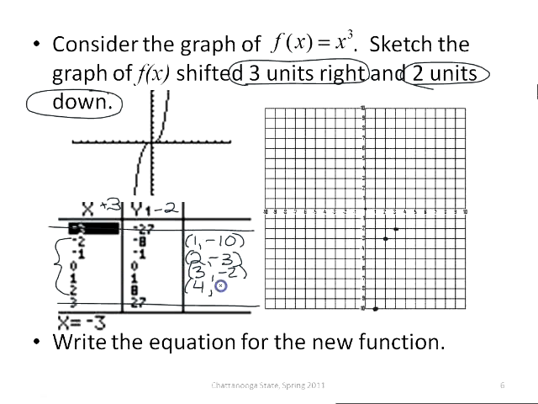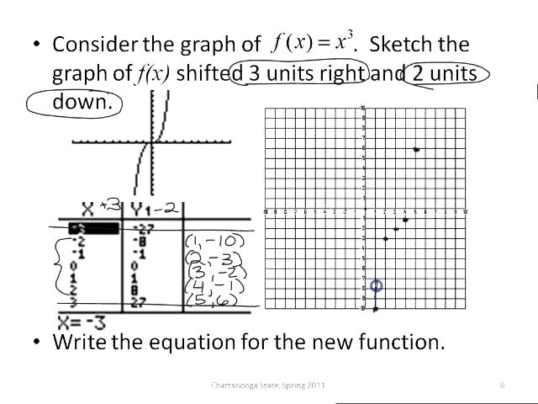And if I subtract 2 from 1, I get a -1. So that's this point. And finally, one more. 2 plus 3 would give me a 5 for the x coordinate, and 8 minus 2 would give me a 6 for the y coordinate. So that would be the point right here.